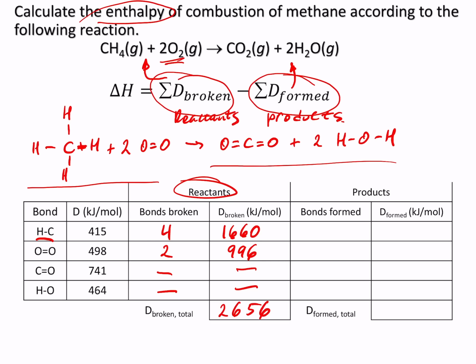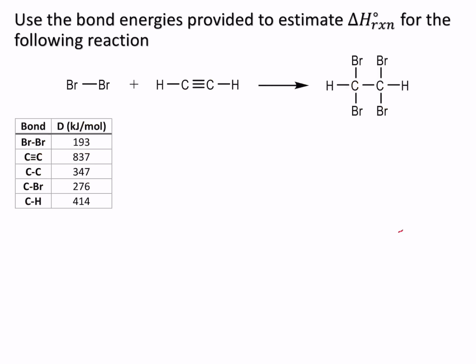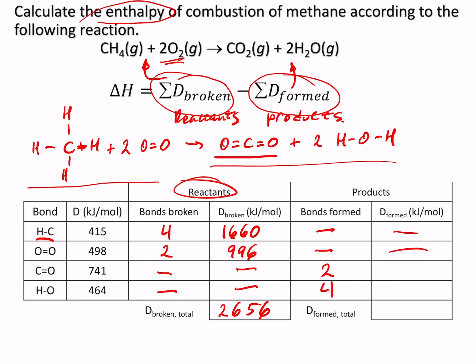Now when it comes to bonds formed, in CO2 there are 2 carbon-oxygen double bonds, and there are 2 water molecules. Each one has 2 oxygen-hydrogen bonds, so you have a total of 4 here. There are no carbon-hydrogen bonds and no oxygen double bond, so we forget about those on the product side.